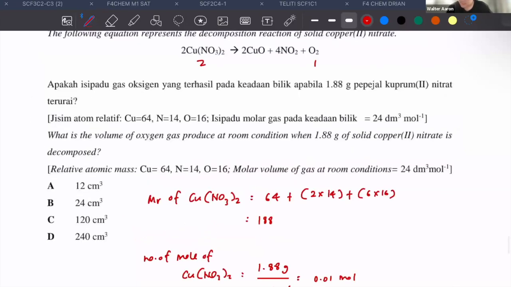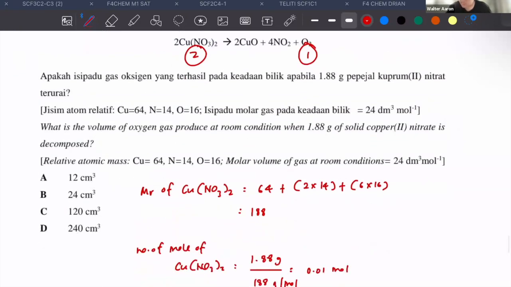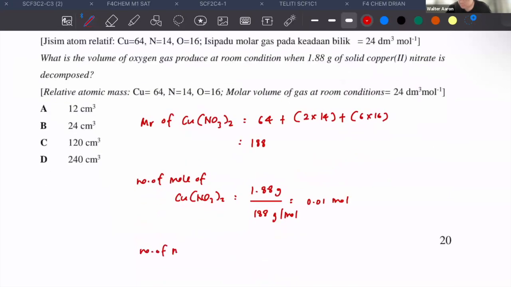Comparing the number of moles, every 2 moles of copper nitrate will give you 1 mole of oxygen. So the number of moles of O2 will be half. 0.01 divided by 2, we should get 0.005.